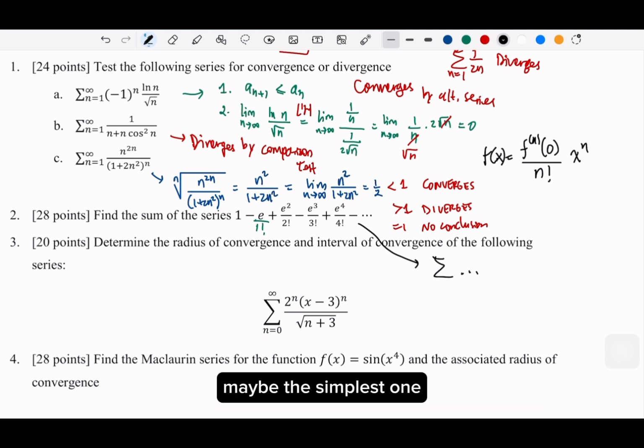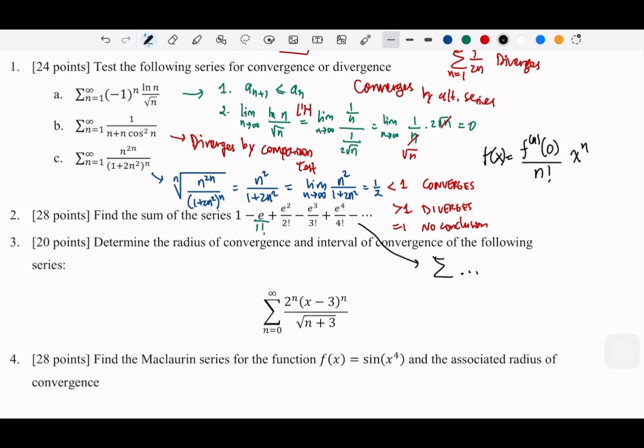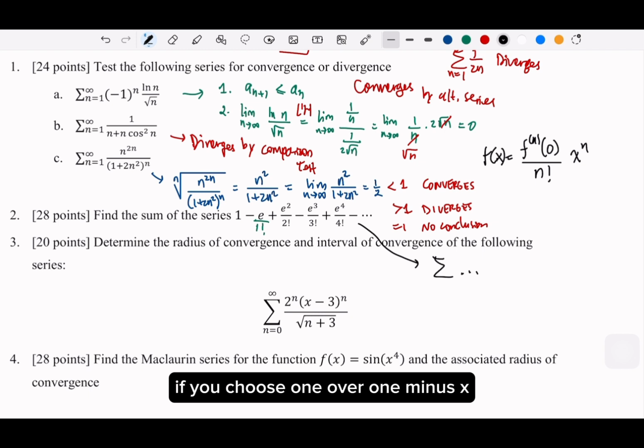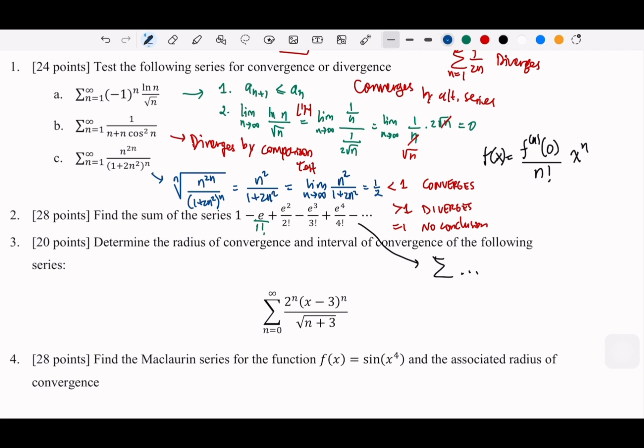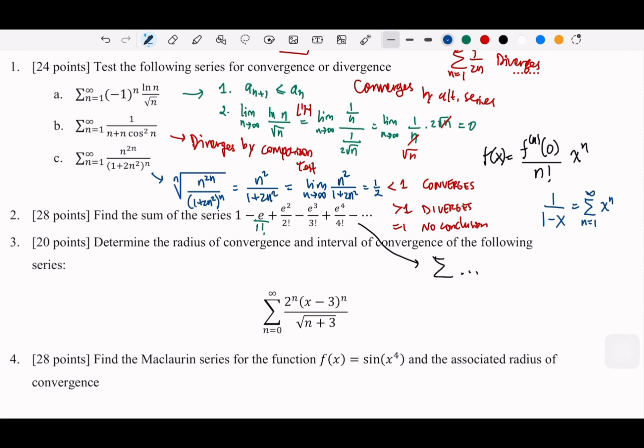Maybe the simplest ones are 1 over 1 minus x and e to the x. If you choose 1 over 1 minus x, this is just x to the power of n.